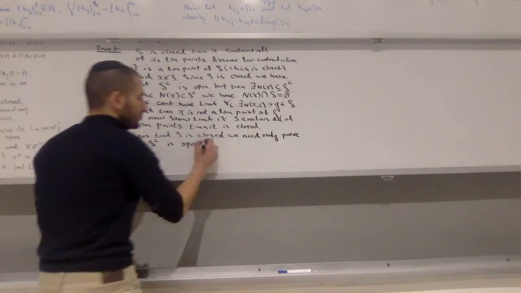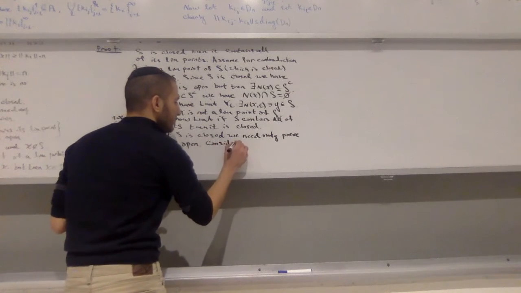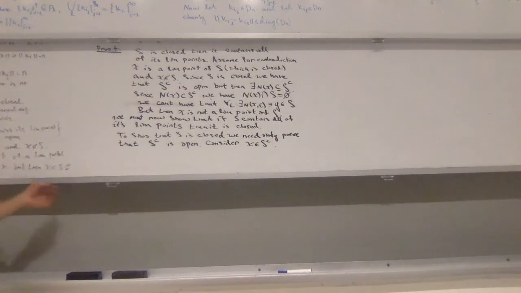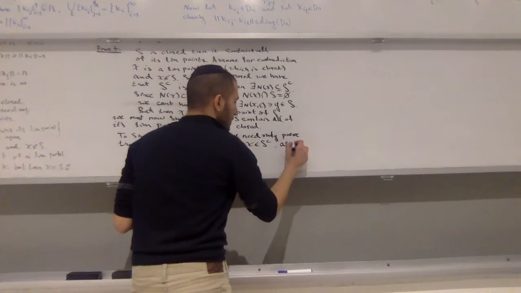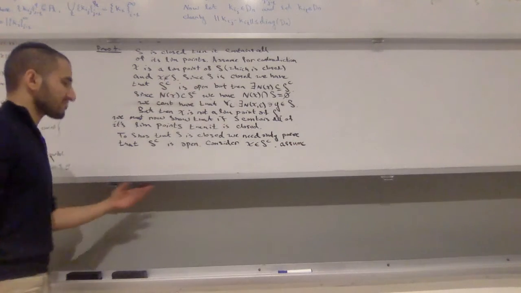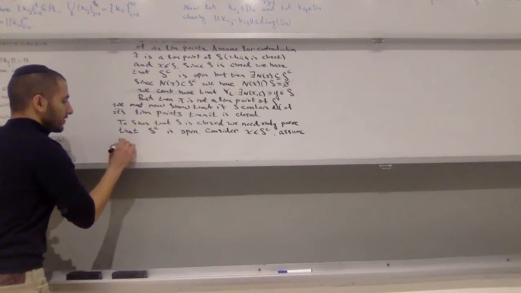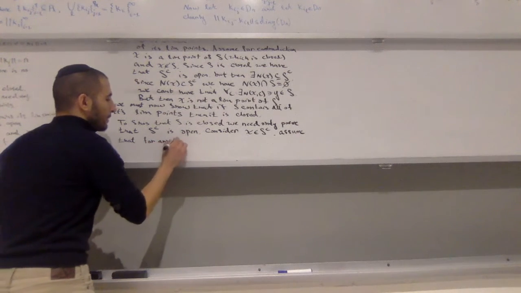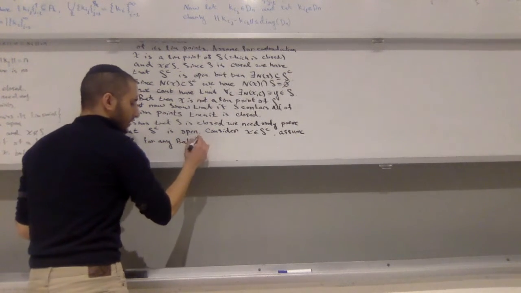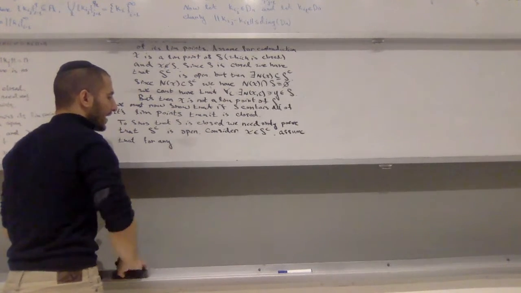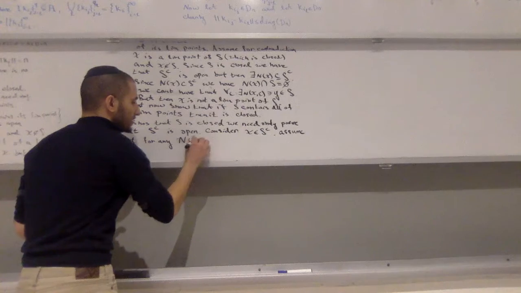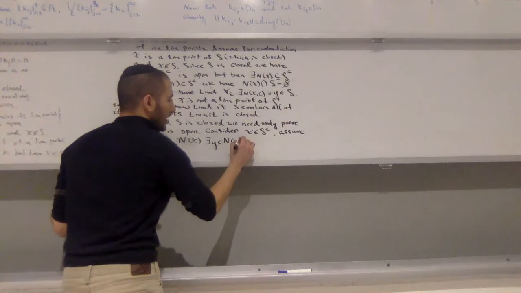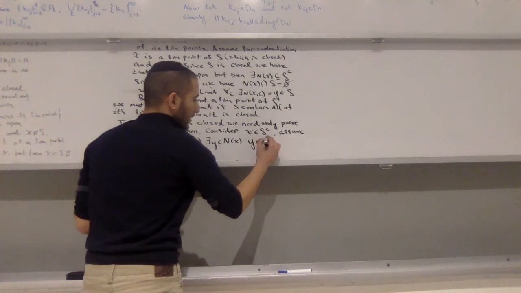Well, let's consider X in S complement. Assume that for any ball or neighborhood N of X, there exists a Y in N of X and Y not in S complement.